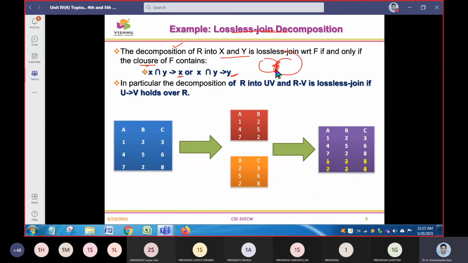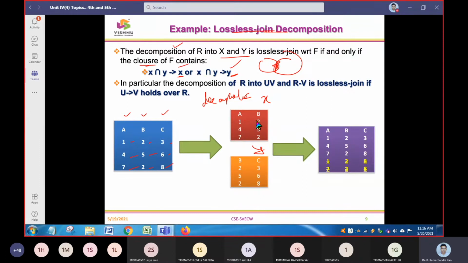Whatever attribute we write is with the element X and Y. Now let us look at this relation.